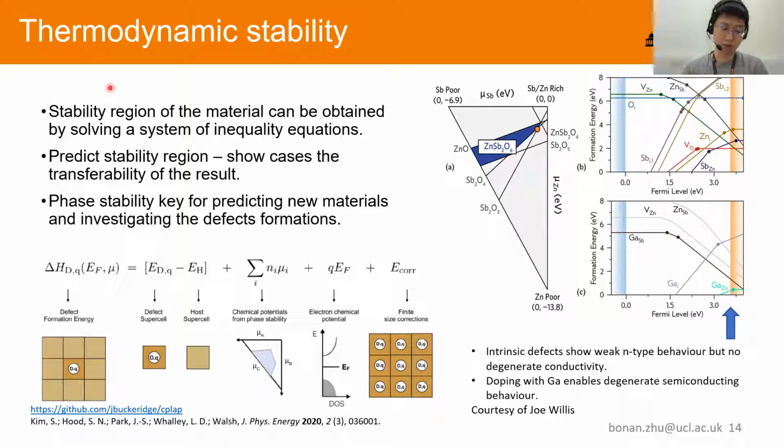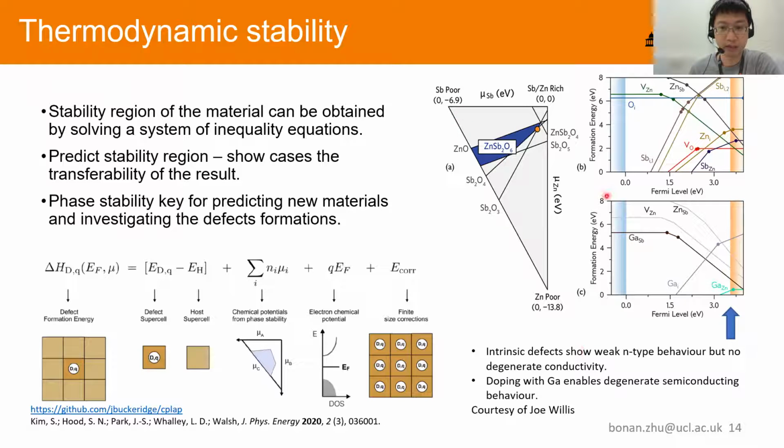This allows us to have these decomposition reactions, and we can test if the energy is positive or negative. If the energy is negative, then that means this material is probably not stable. I mean, it's actually a bit more complex than that, but it allows us to obtain the stability region of a specific material in terms of the chemical potentials.